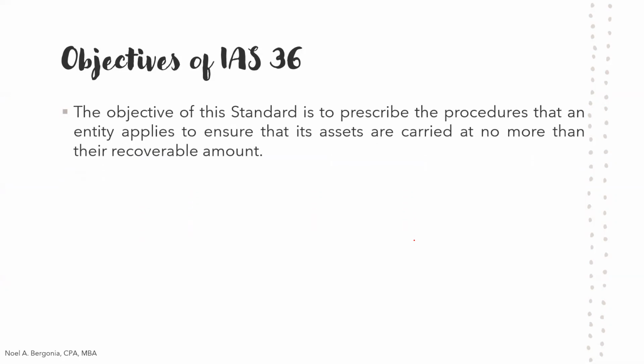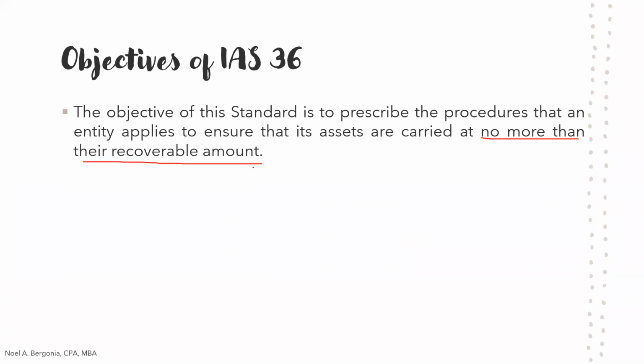Let's first define the objectives of IAS 36, which is all about impairment. In accordance with this standard, its objective is to prescribe the procedures to be used by entities in ensuring that our assets are carried at no more than their recoverable amount.